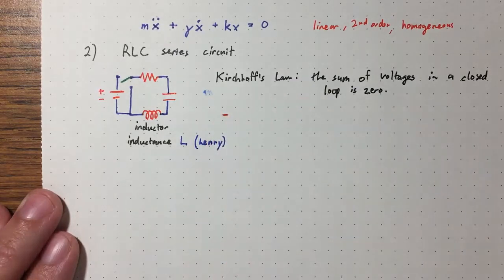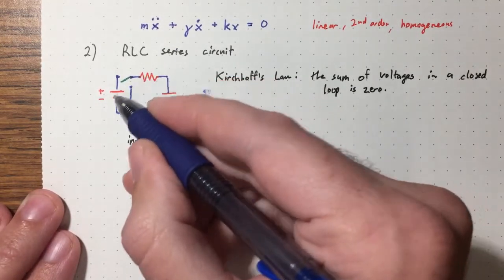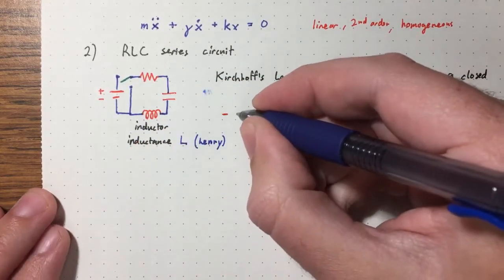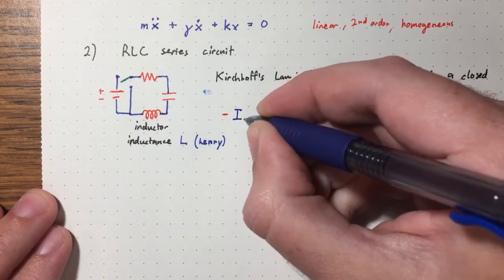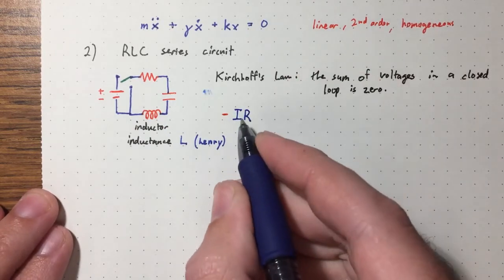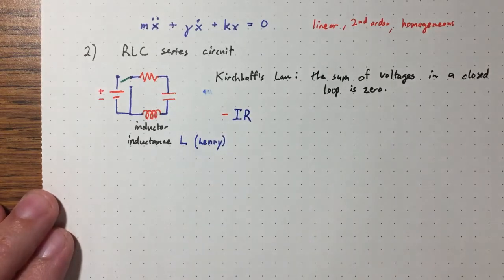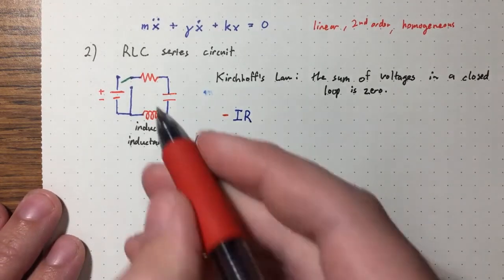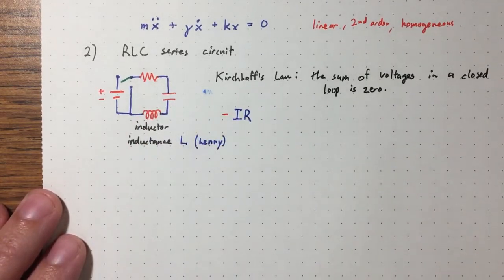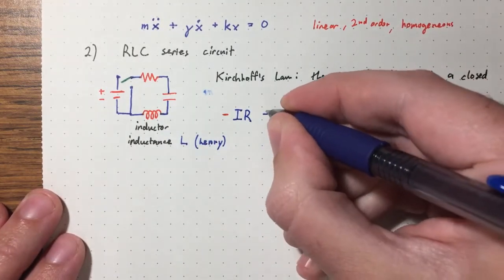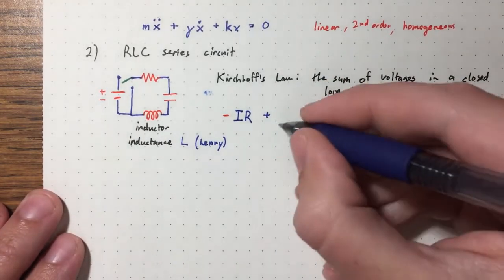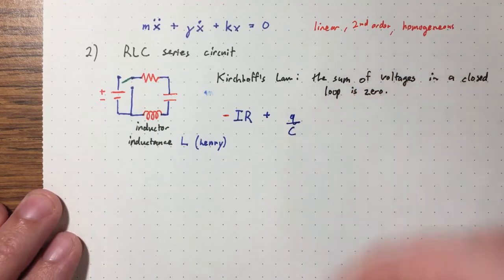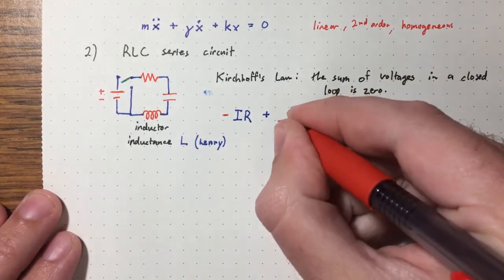I'm just going to do this quickly because for these, I'm just repeating what I had in a previous video. So here's my voltage across the resistor. It's IR, but with a minus sign because the voltage is dropping. And then my voltage across the capacitor is Q over C, but again with a minus sign.